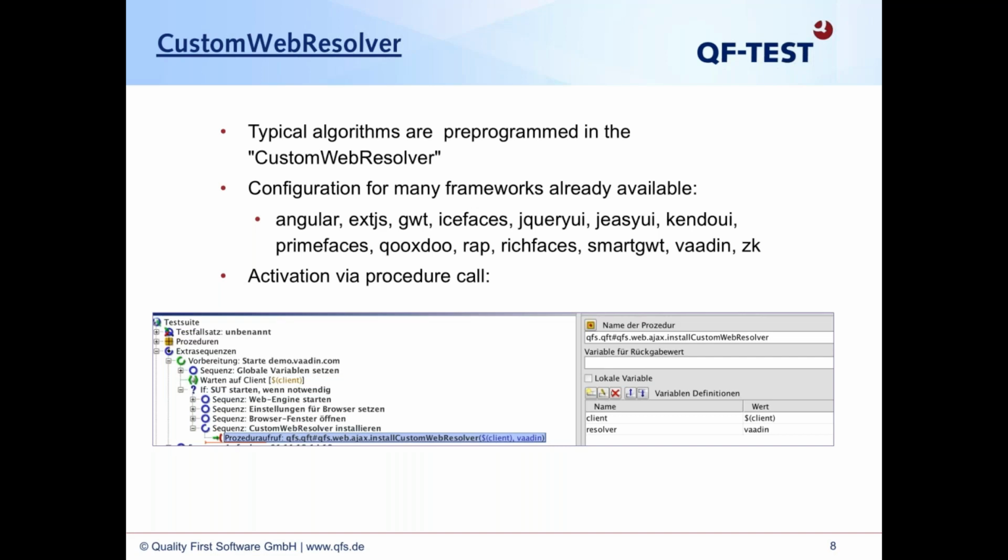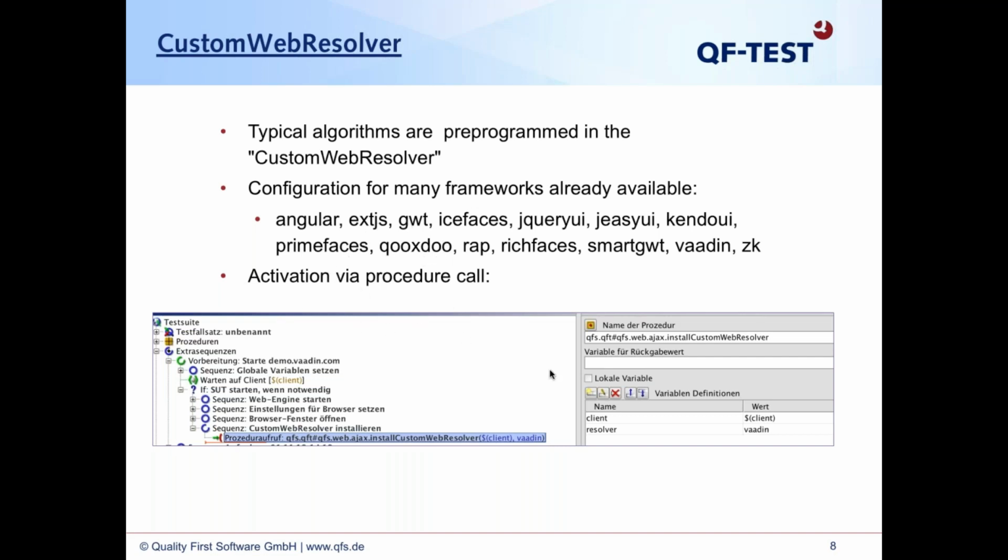You just have to run this procedure call, install CustomWebResolver from the standard library, which is included in every QF-Test test suite. And if you use the Quick Start Manager to create a start sequence for your application, you have probably already seen this dialog where it asks which of those frameworks your application uses, and then it integrates this step, install the CustomWebResolver.